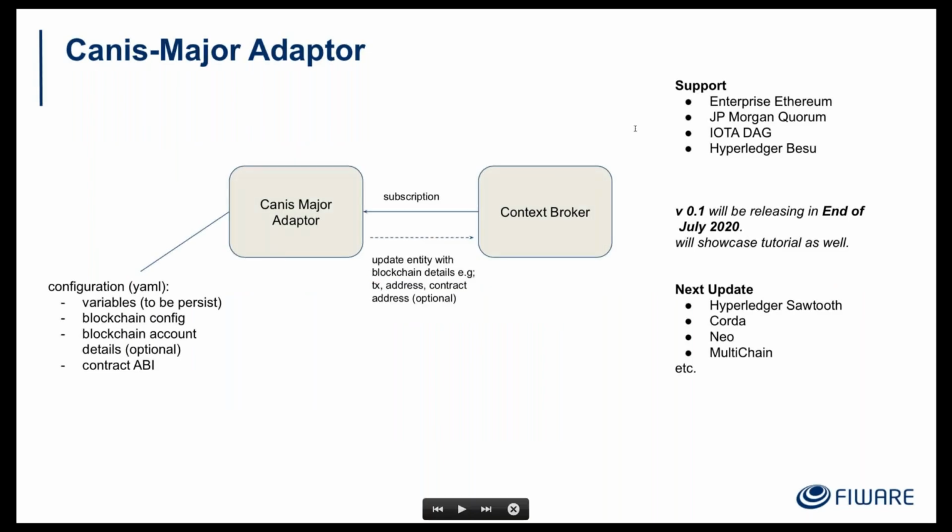Just to give you an overview, in the adapter there will be one YML file available. You can mention configurations like the variables you want to persist from the context broker, and which blockchain you are utilizing.